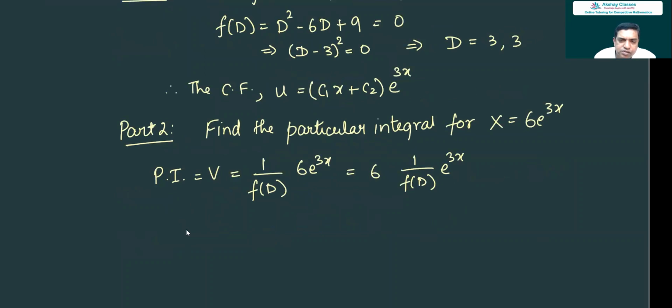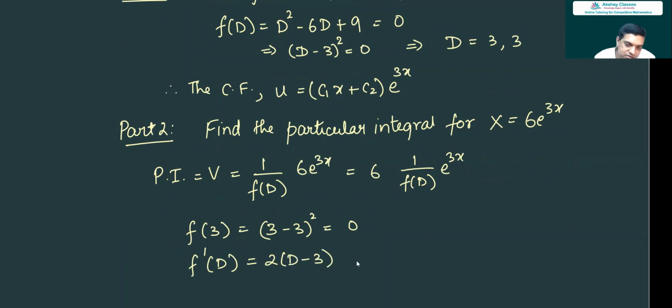Now, f(3) is (3 - 3)², which is 0. Now, what is f'(D)? 2 times (D - 3). This implies f'(3) is also 0.